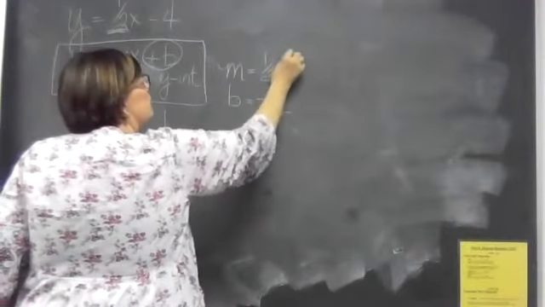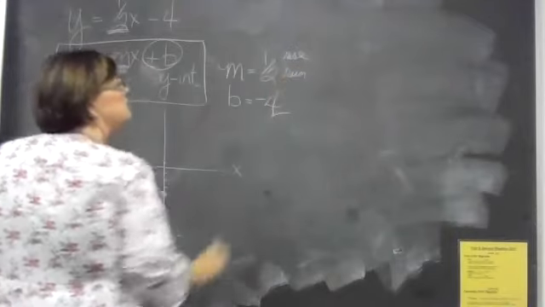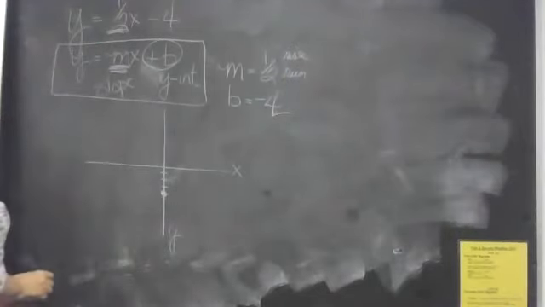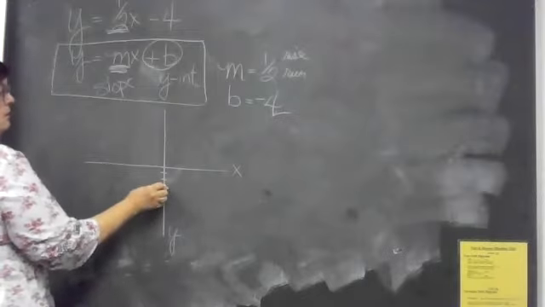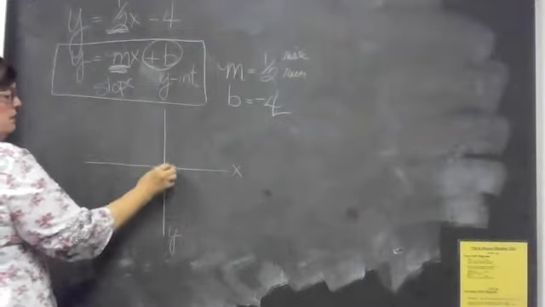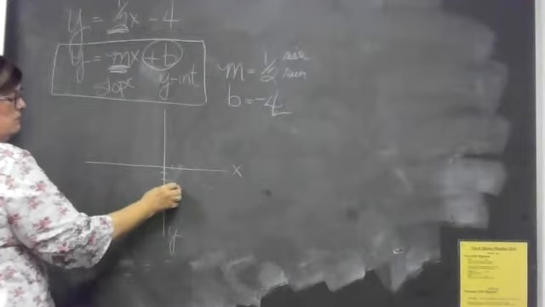The top is how far I rise. The bottom is how far I run. Okay? So from my front door, I'm going to rise 1 block and I'm going to run 2 blocks. So right here is my friend's house.